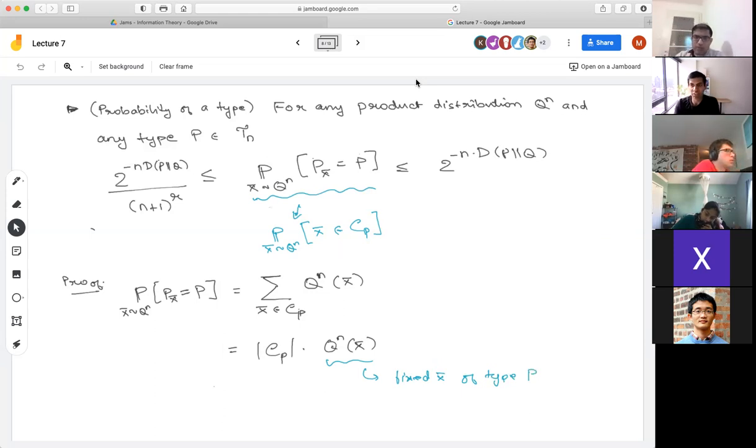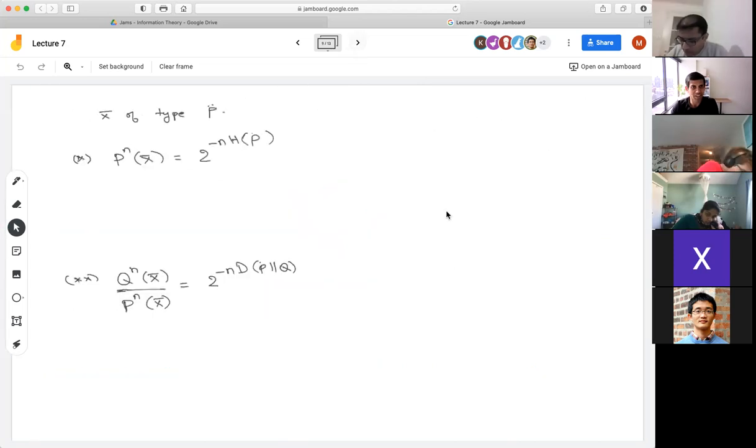The number of terms is equal to the size of the type class; that's how we defined it. And we just want to compute the probability for any term. We just proved that the probabilities are equal for all terms, and we also already estimated the size of the type class.